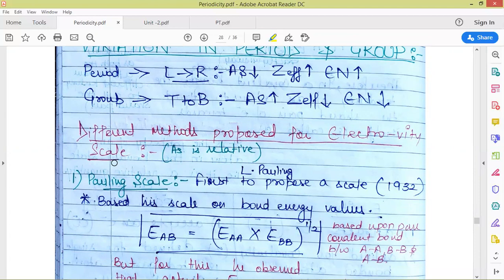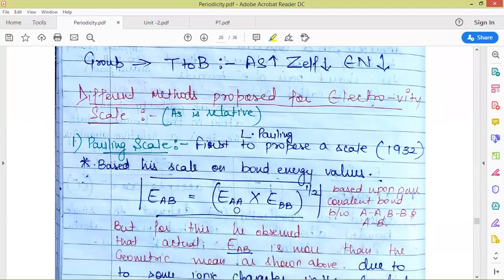The first attempt at proposing an electronegativity scale was made by Pauling, and he called his scale the Pauling scale. It was around 1932. He based his scale on bond energy values.